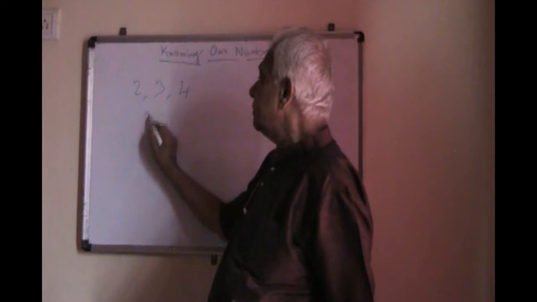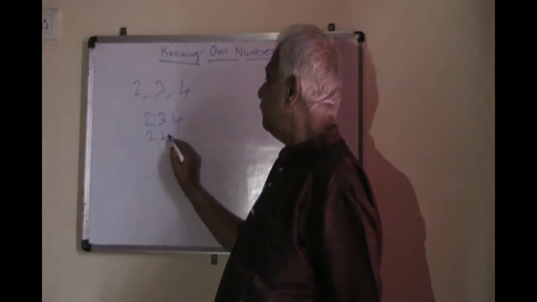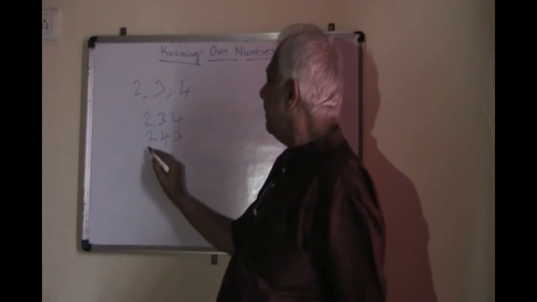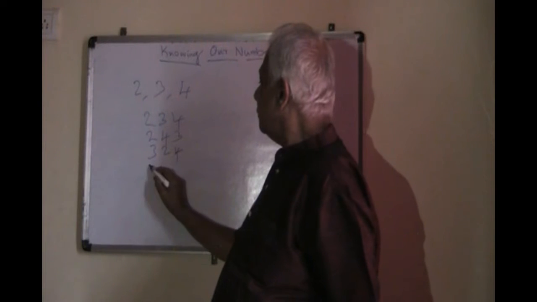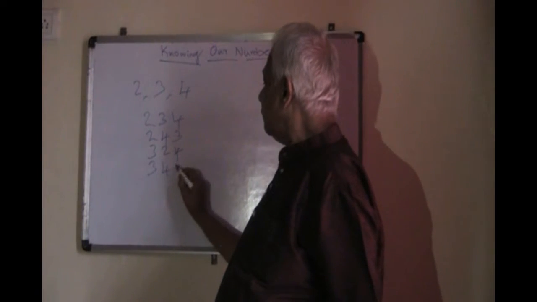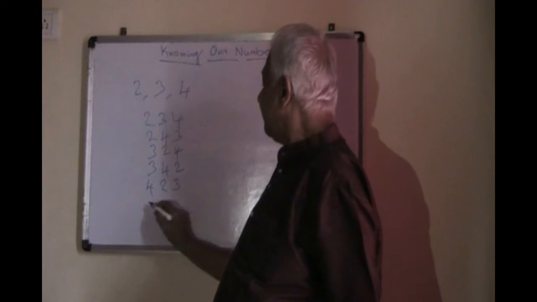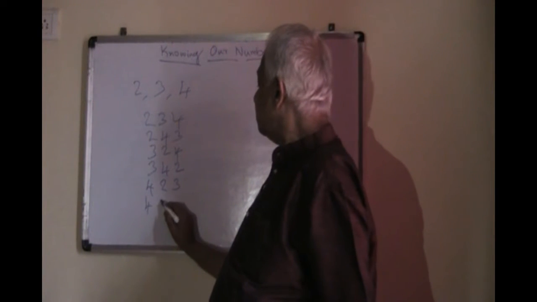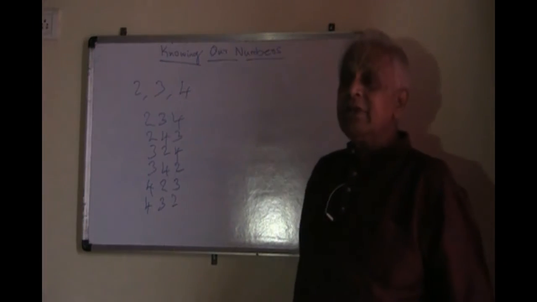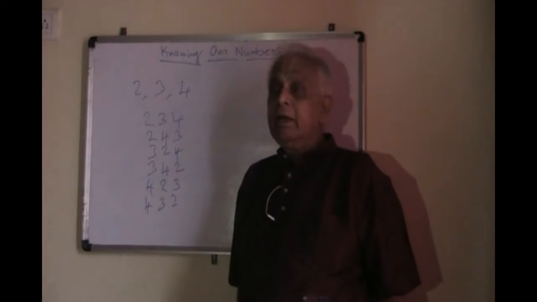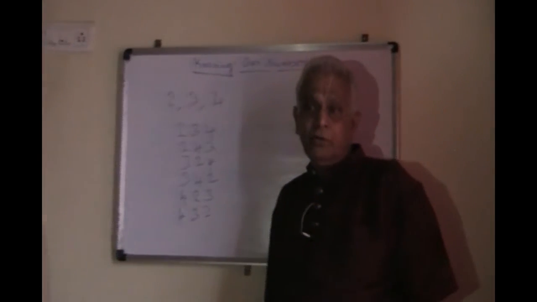Say number is 2, 3, 4. 2, 4, 3. 3, 2, 4. 3, 4, 2. 4, 2, 3. 4, 3, 2. So these are the numbers which you can write by using the 3 digits 2, 3 and 4.